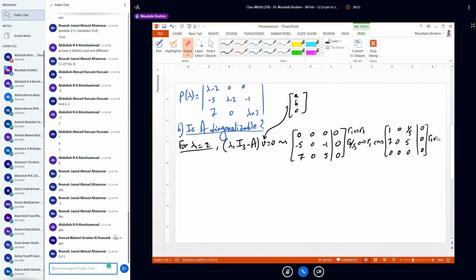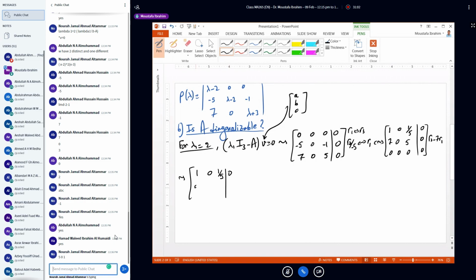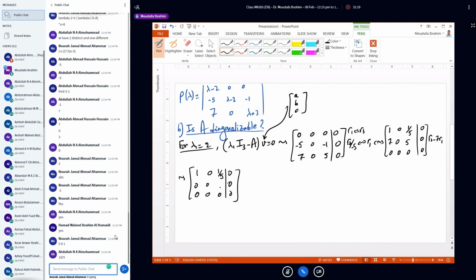R2 plus minus 7 R1: 1, 0, 1 over 5, 0, 0, 0, minus 7 over 5. What is that? 5 minus 7 over 5, so 18.